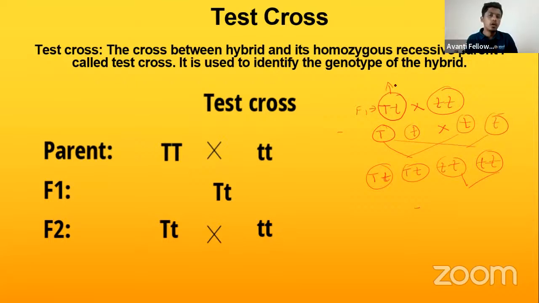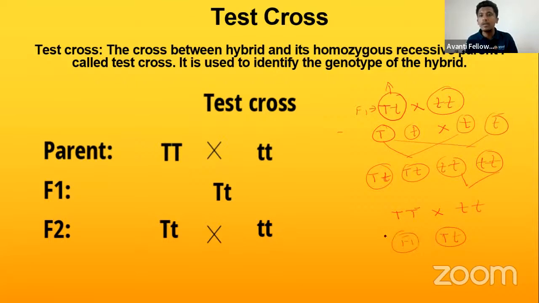Understood? So next one. What if it was homozygous tall? If you know it is homozygous tall, we already know the beginning of your monohybrid cross. So this is where we started the monohybrid cross, isn't it? We know that all of them will be tall plants in the F1 generation.